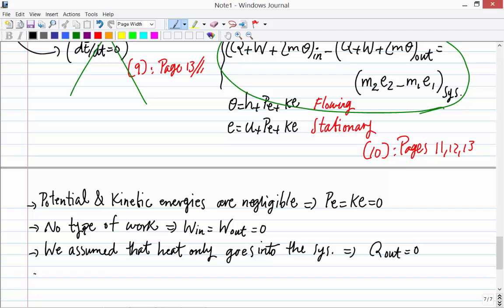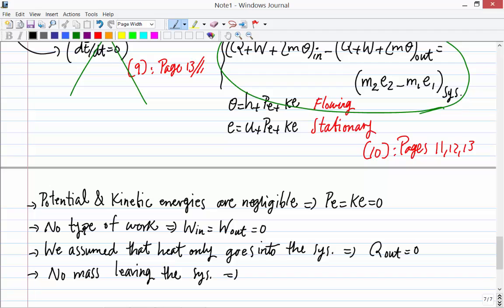And also, one more thing: we have just one inlet for mass, so there's no outlet for the mass, no mass leaving the system.